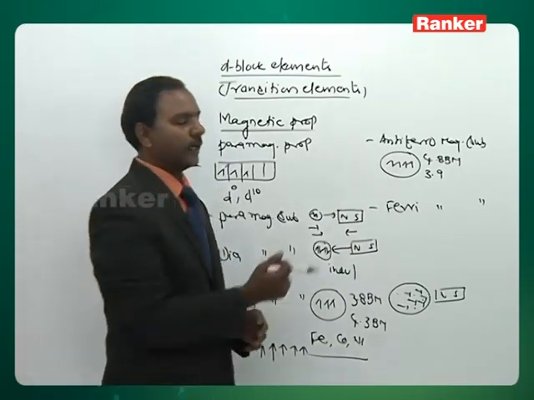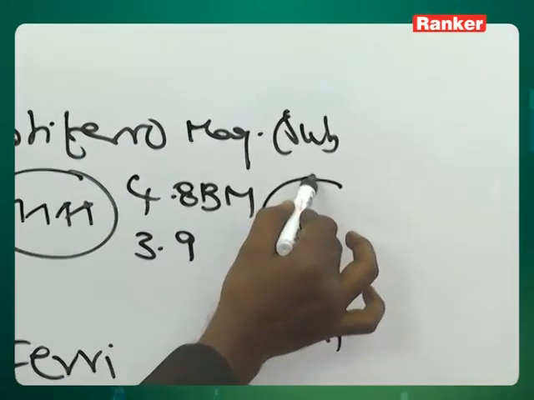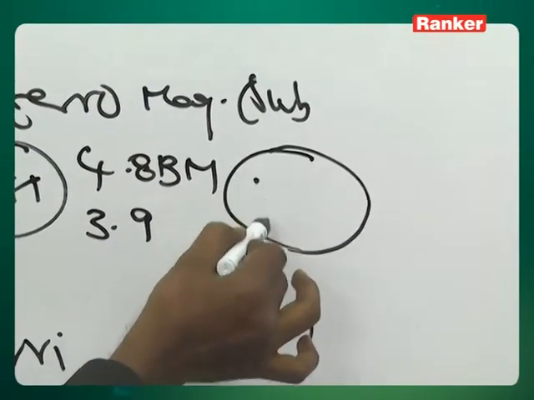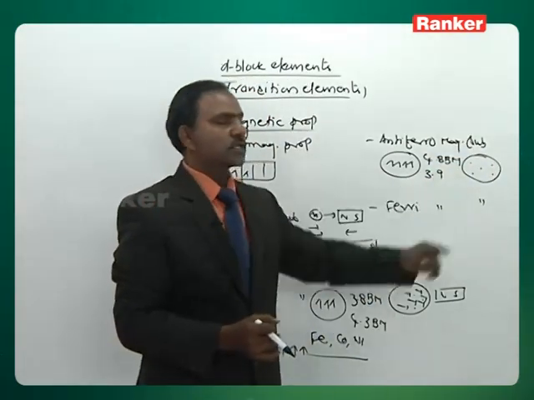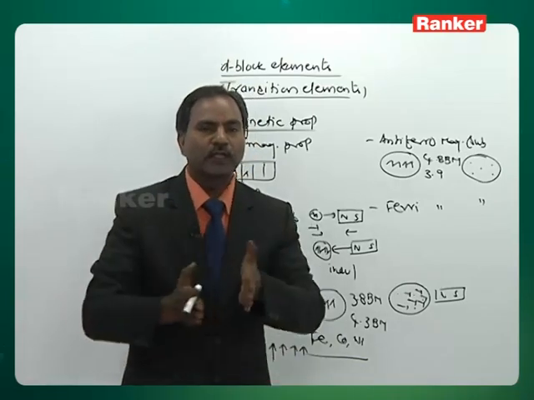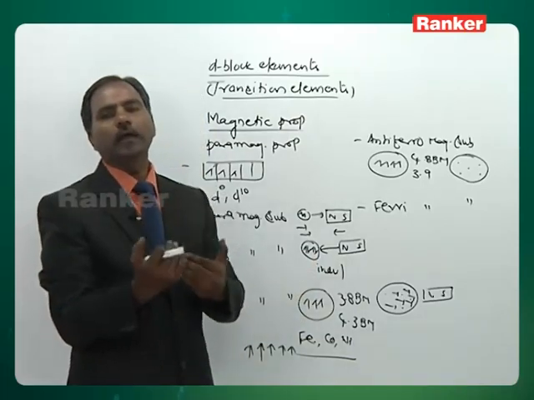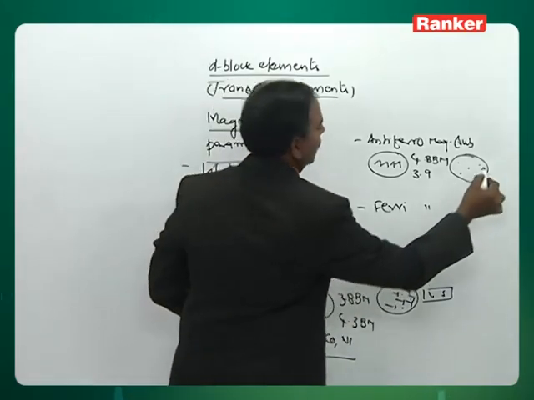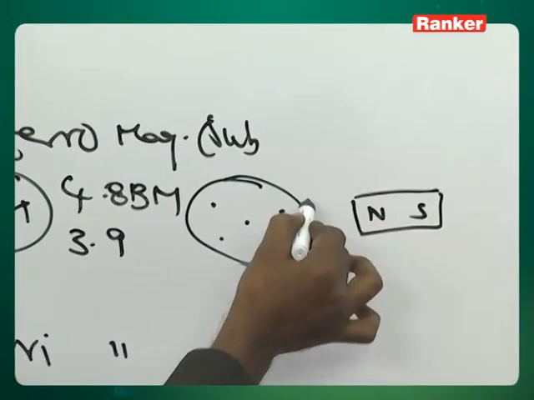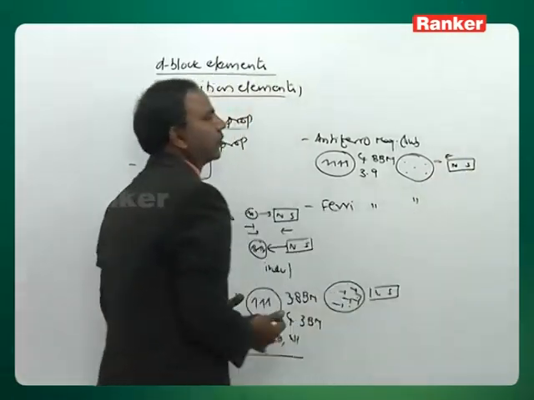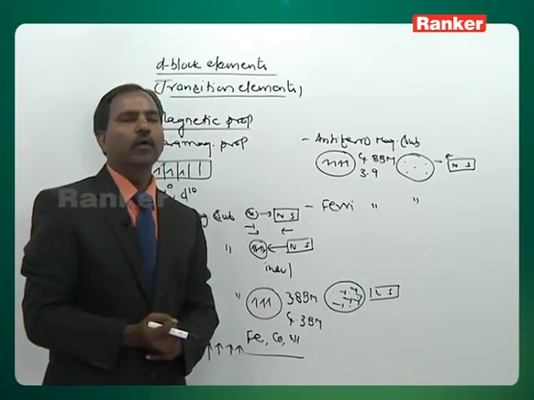Why is a substance acting as an antiferromagnetic substance? Whenever paramagnetic centers are away from each other, alignment in the same direction is not easy. Therefore, they may act opposite to the field of the magnet. So some of the paramagnetic moments of this substance act opposite to the field of the magnet, and therefore it exhibits antiferro property.